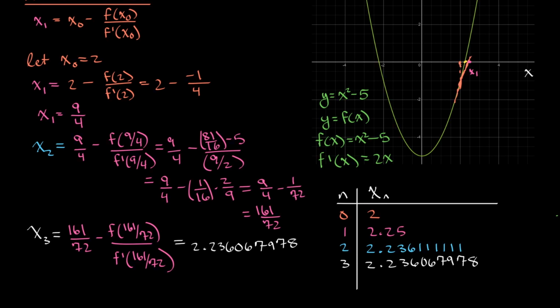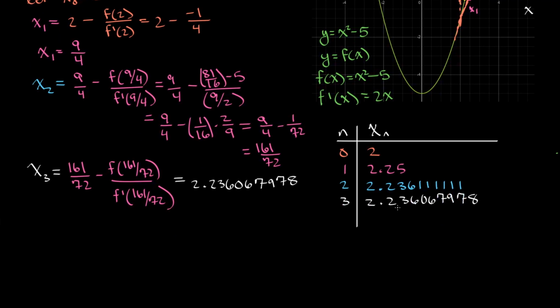Okay. Now, what did I get on my calculator? My calculator told me this. So this is calculator. The square root of 5 is 2.236067977. That is all the digits my calculator gives me.